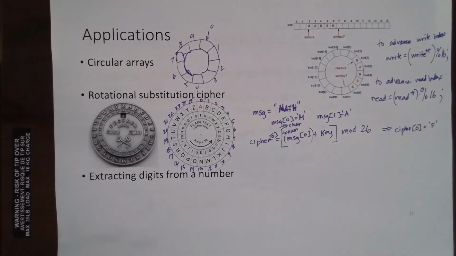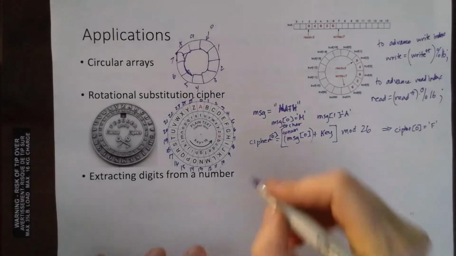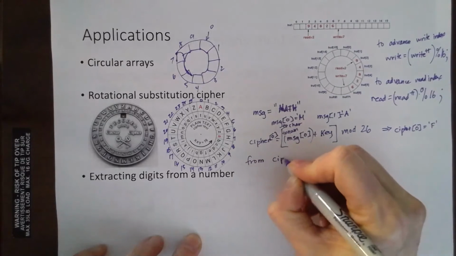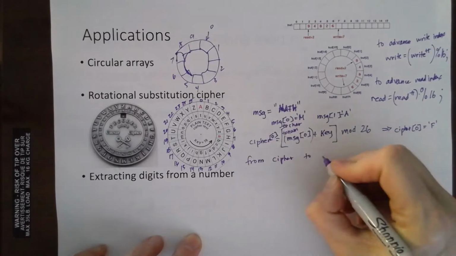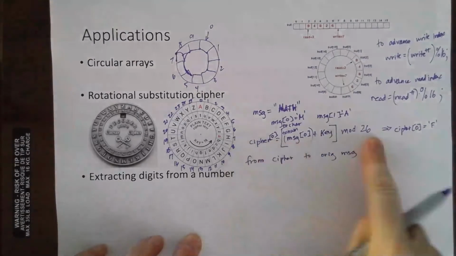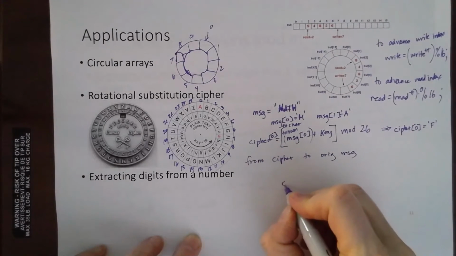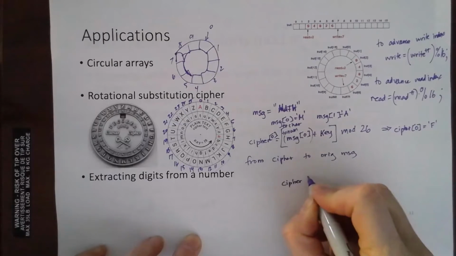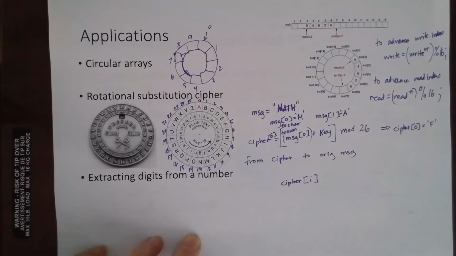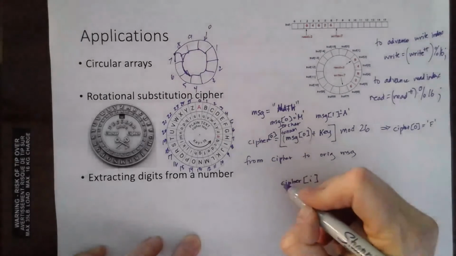And then if you wanted to go backwards, let's say you got this secret message that was F whatever. If I wanted to go from the cipher message to the original message, I would just do the reverse of this. I would take my cipher at index i and turn that into a number.